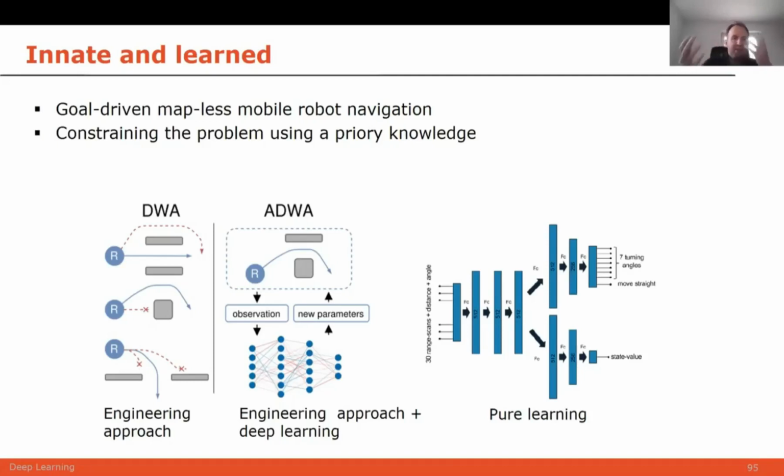There are a lot of discussions about what should be innate and what should be learned. For the particular case that I showed in the previous slide, the robot learned everything from scratch. At the beginning, it didn't have any notion of obstacles, or that it shouldn't hit them. It got that notion only when it hit one and got punished.